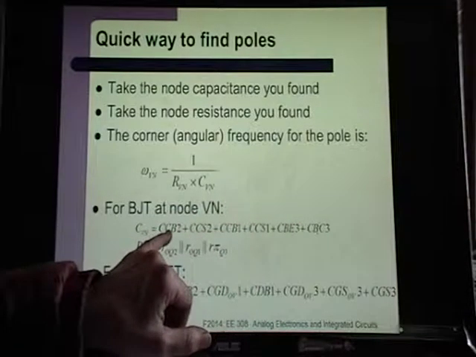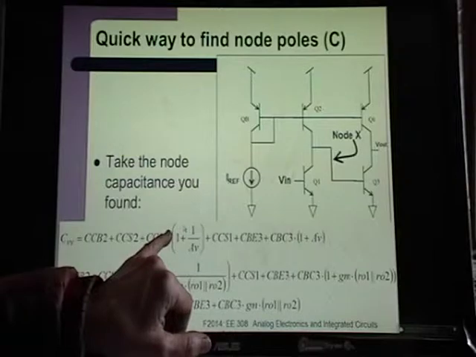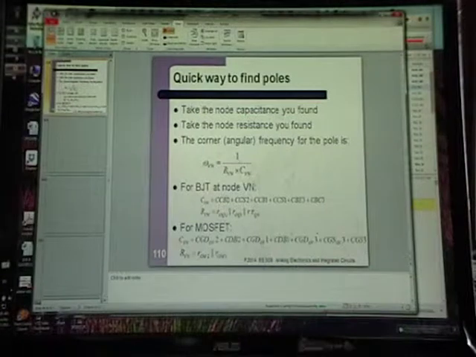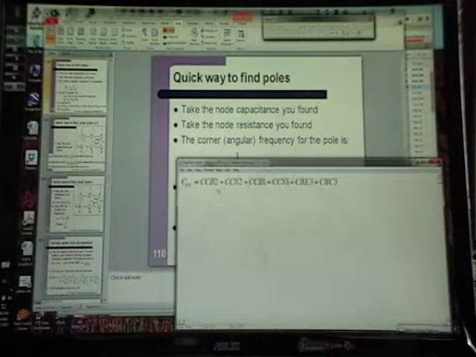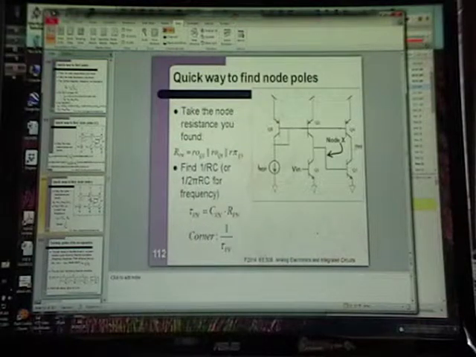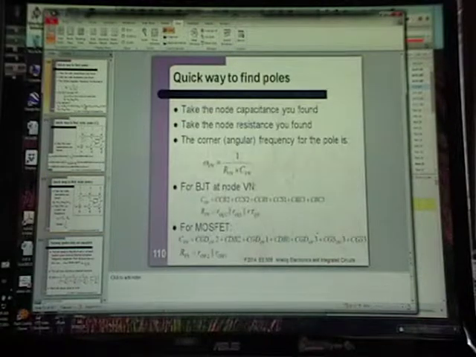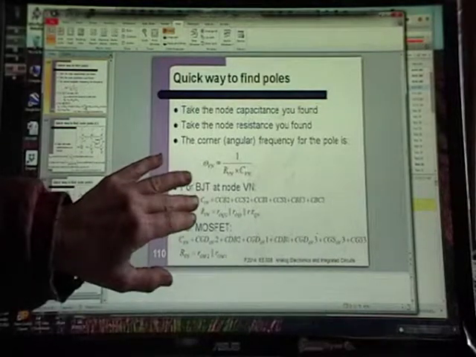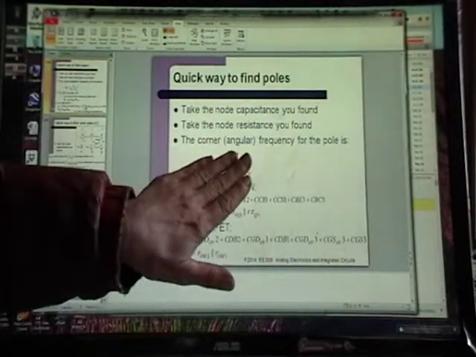But you find your C and your R, you multiply them, and you've got your pole.